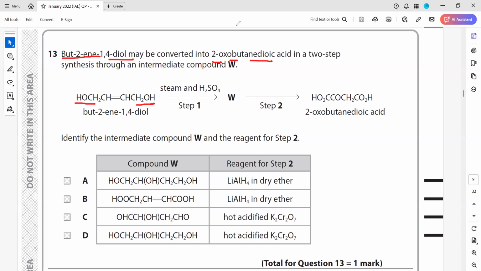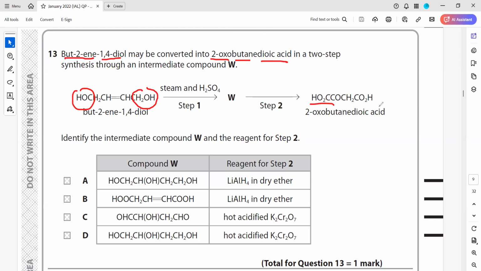Basically what we did, we break the double bond. Butene-1,4-diol then turns into 2-oxo, meaning the second carbon has an oxygen, butanedioic acid. That's the final product. It means these OH groups have been converted into a carboxylic group.